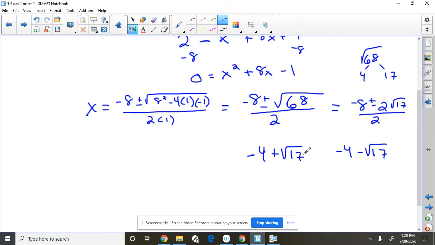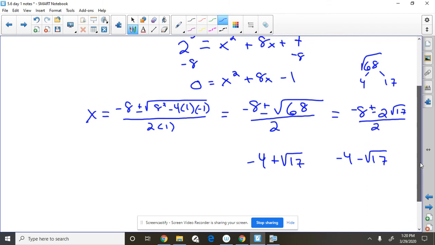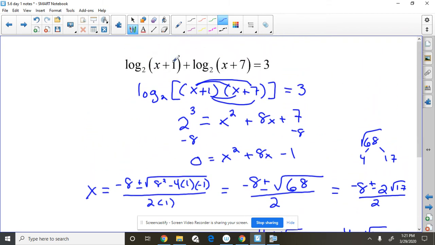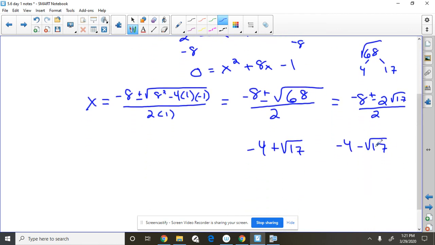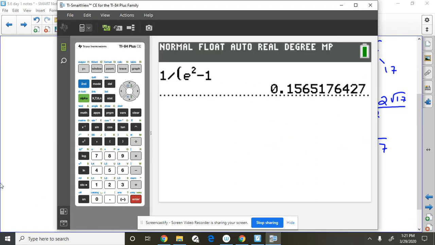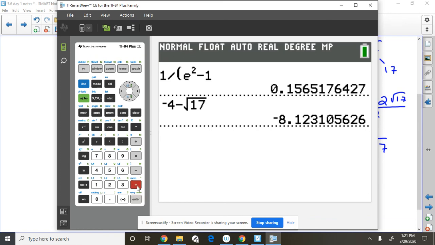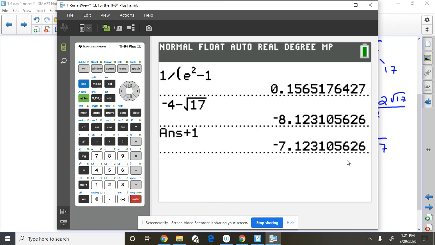So here, I have to look at these answers and go back to my original problem. One of these has x plus 1, the other has x plus 7. I'm going to check negative 4 minus square root of 17. If I put in negative 4 minus square root of 17, and then I add 1 to that, that's a negative number.